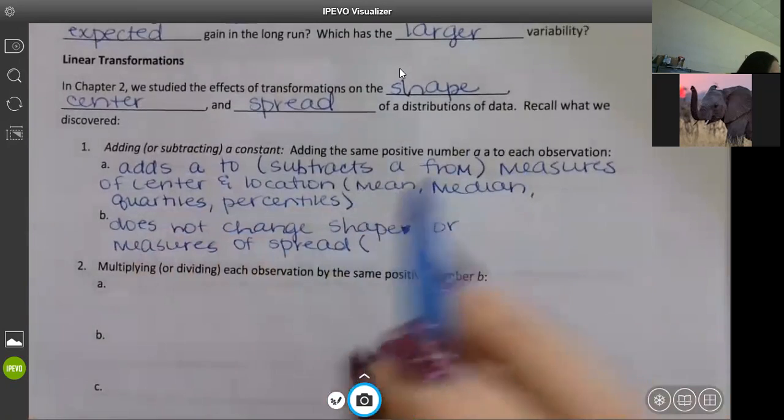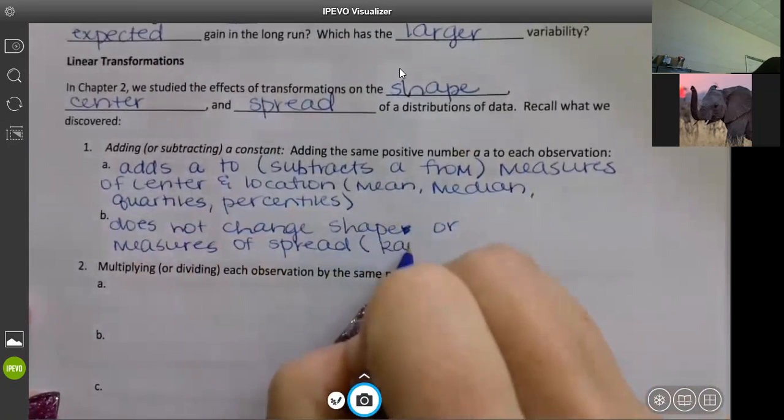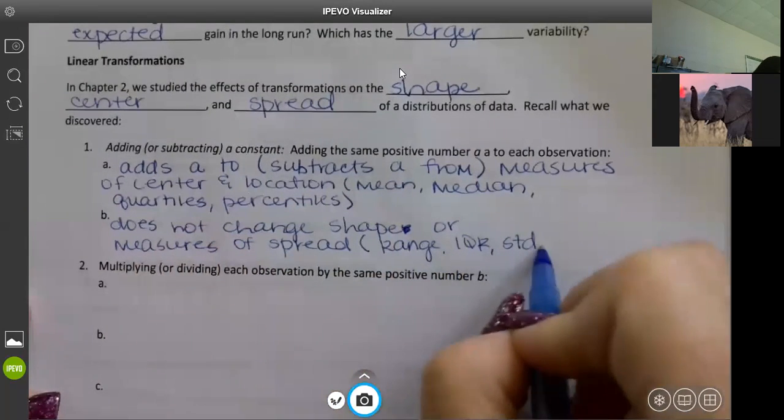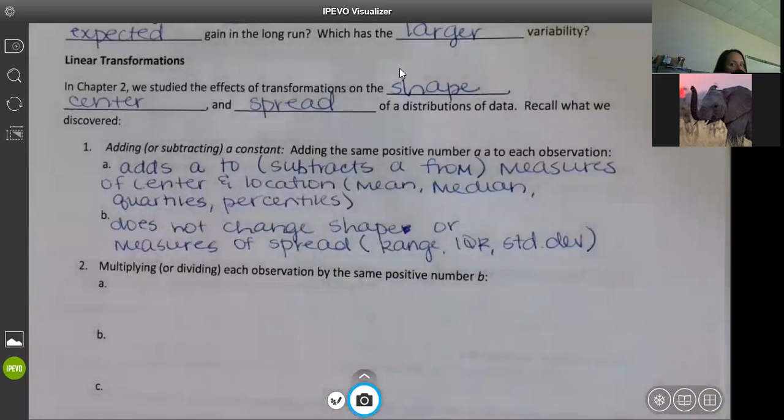And those measures of spread are range, IQR, and the standard deviation. So the only thing adding affects is centers. Okay, so if they ask you to change your standard deviation or your IQR or your range, and they ask you to add, it does not change. Okay, it will not affect it, it'll stay the same.